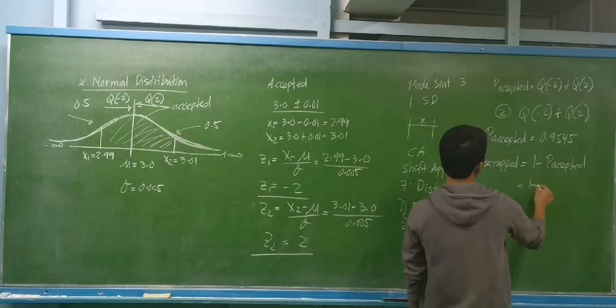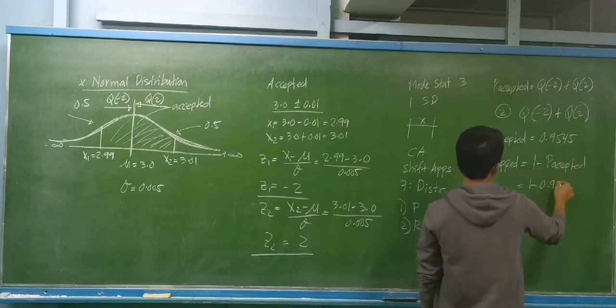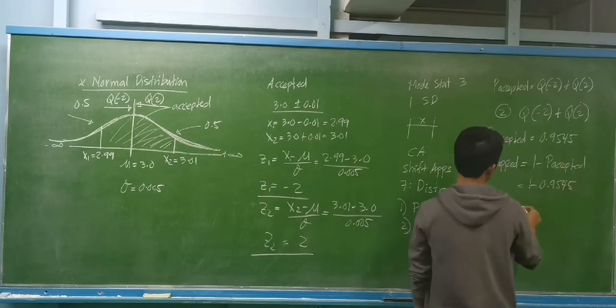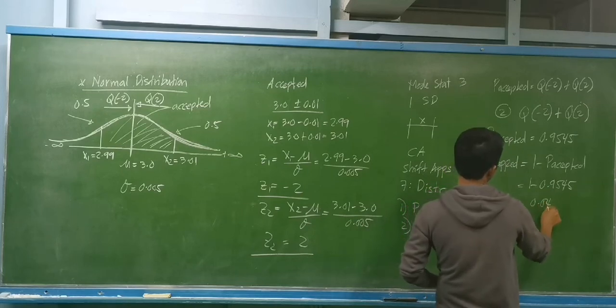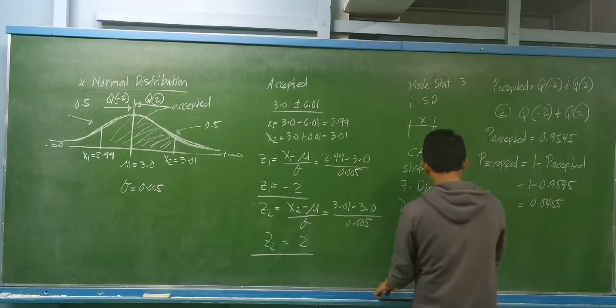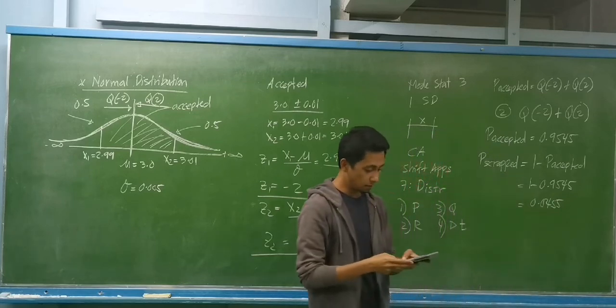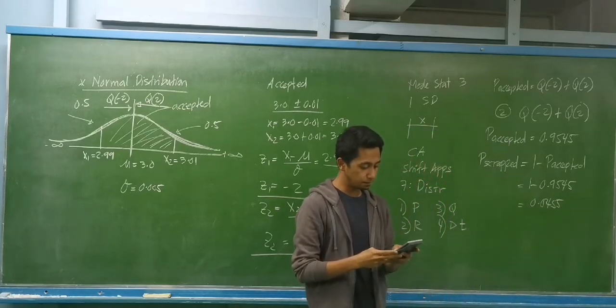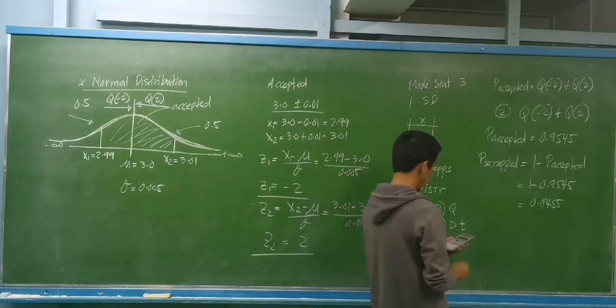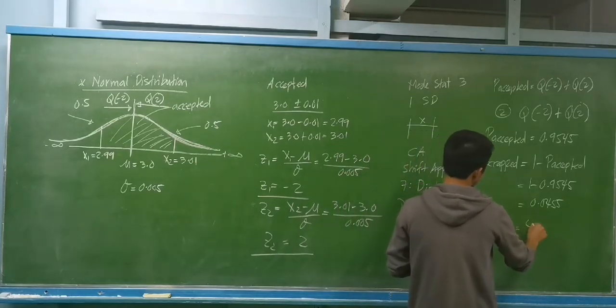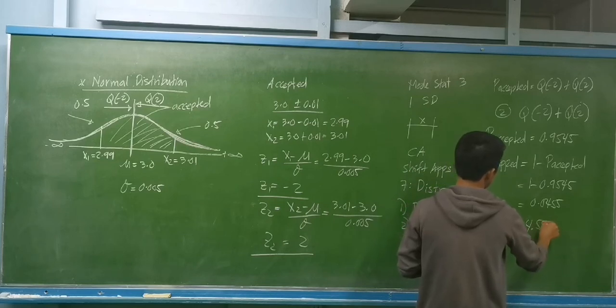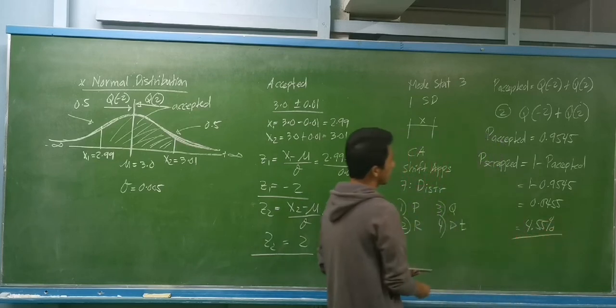So, this is equal to 1 minus 0.9545, which is equal to 0.0455. Right? So, 1 minus 0.9545 is 0.0455 times 100. This is the same as 4.55%. So, this is our answer.